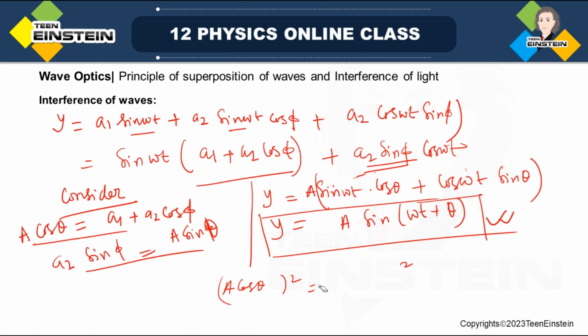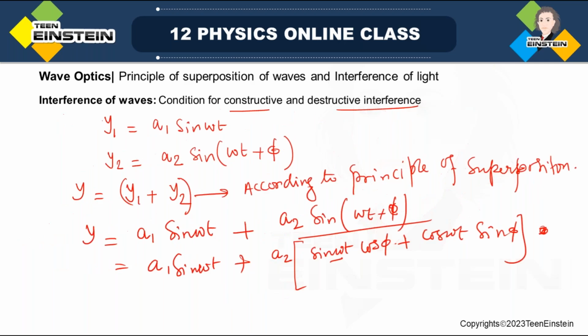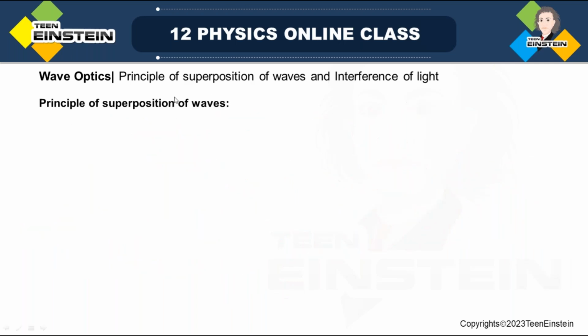So we will actually do one thing. We will just add them up. What we get here is the intensity A, obtained as A1 plus A2 cos phi whole square plus A2 sin phi whole square, right?